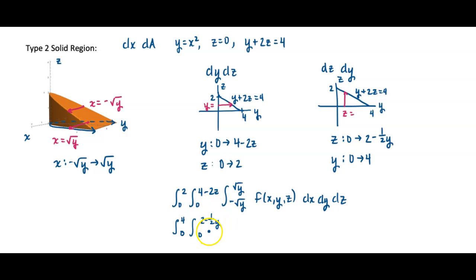And you might recognize this from the type 1 integral. Again, these are our z bounds in terms of y, and the integral from negative root y to root y of this function. And now this will be dx, dz, dy.